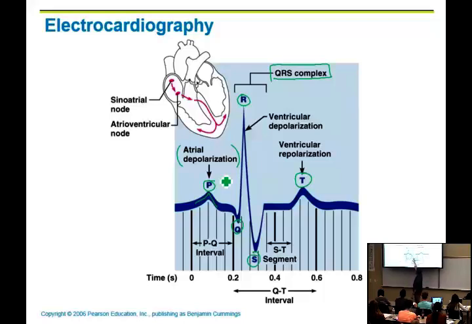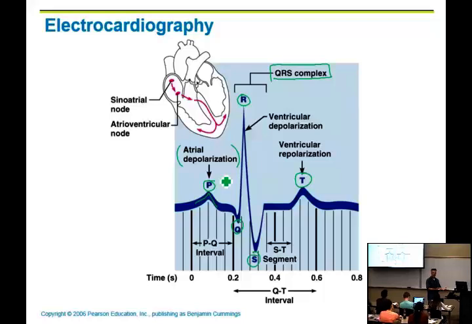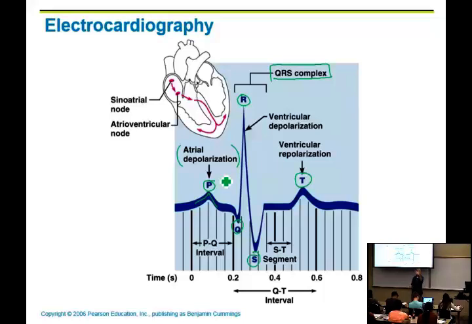This part right here, the QRS wave, two things are going on. The atria are now going into repolarization when they're going to relax, and now the ventricles are getting their turn, their stimulation to start contracting. So this QRS wave here is especially big because there are 2 bits of electrical activity going on. The atria are repolarizing, and now the ventricles are depolarizing.